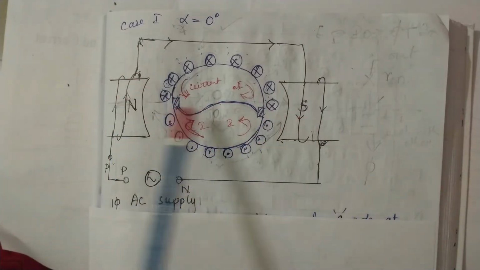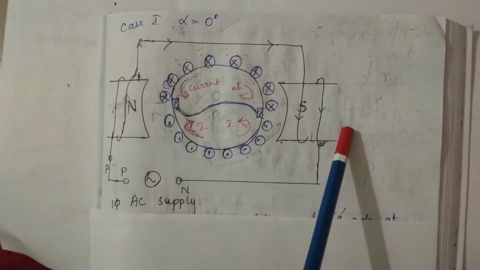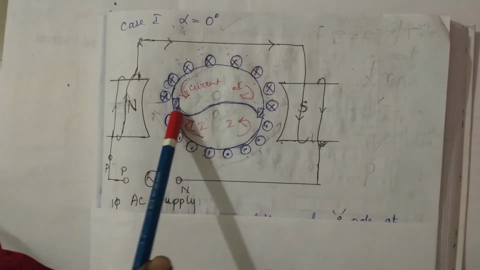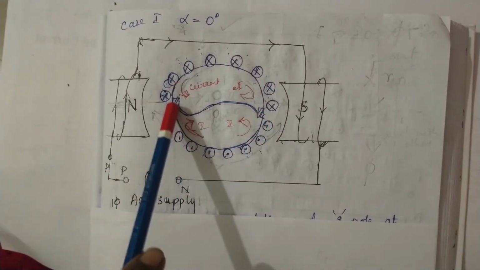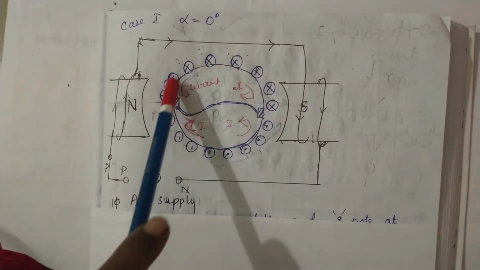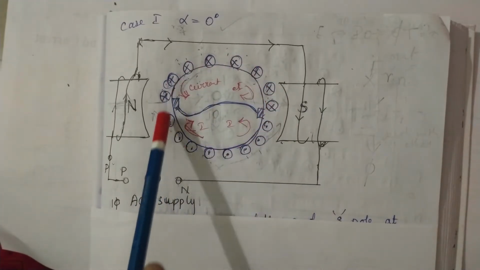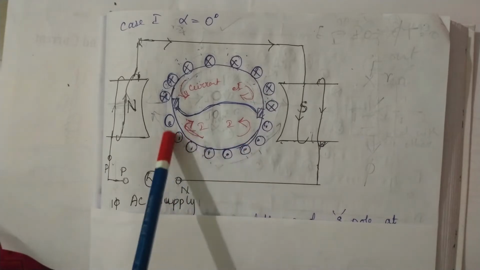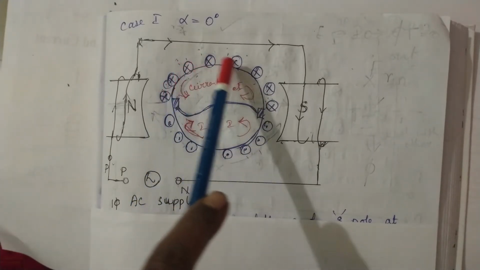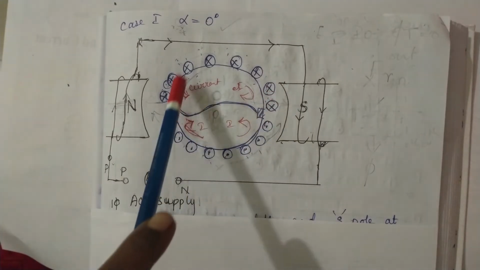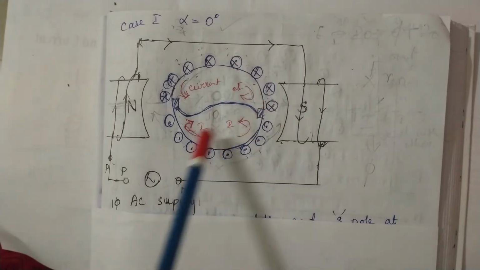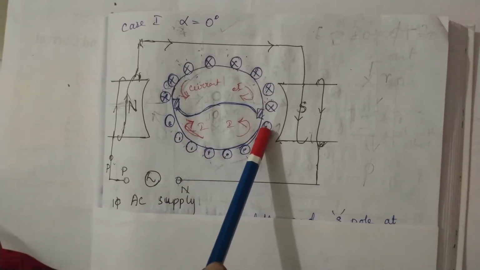These are the main field poles, north and south. There are two closed loops we can observe, and these are the armature conductors accommodated on the rotor side, in which some EMF will be induced, represented by the cross and dot symbols.